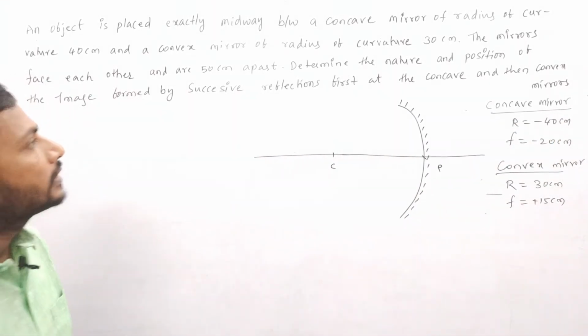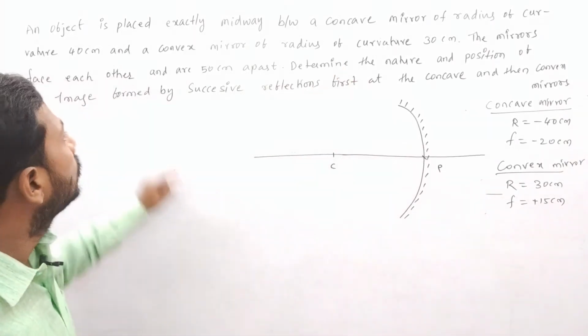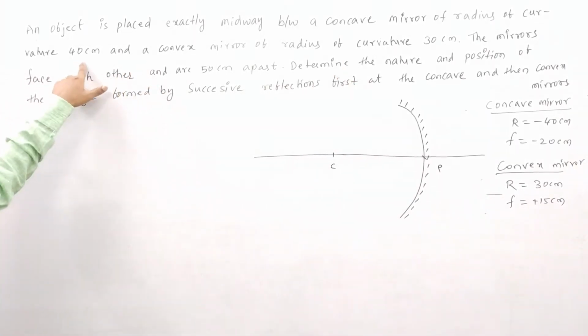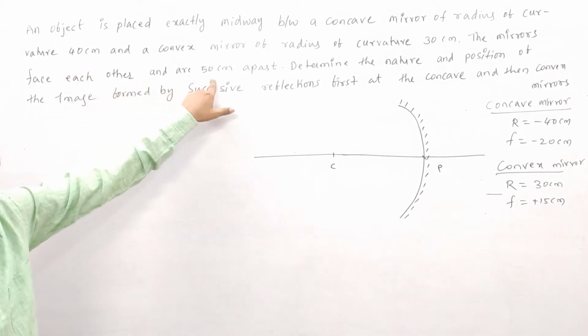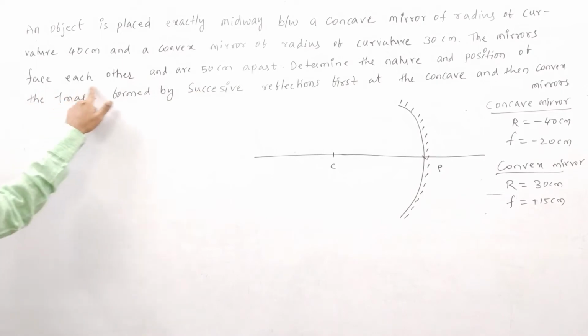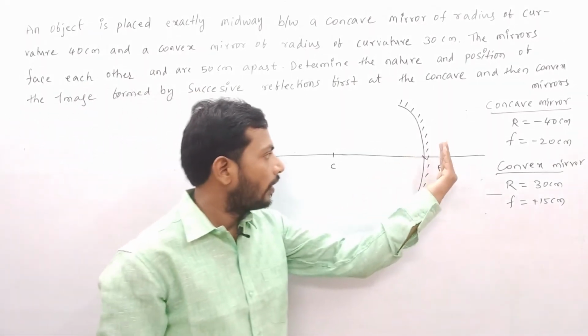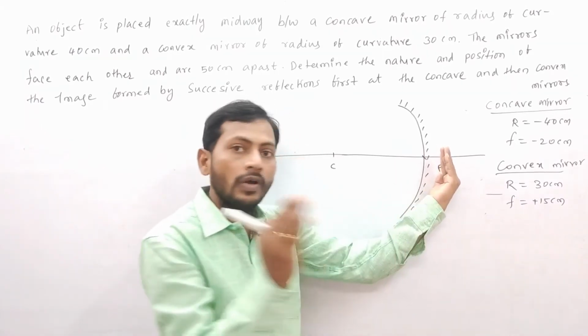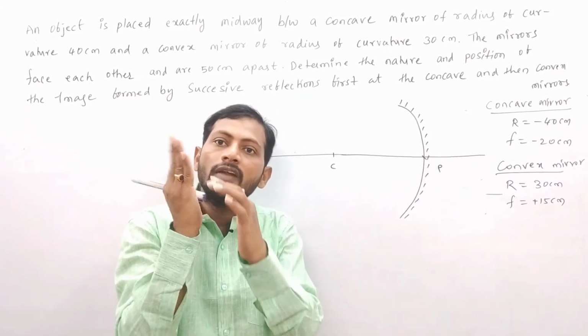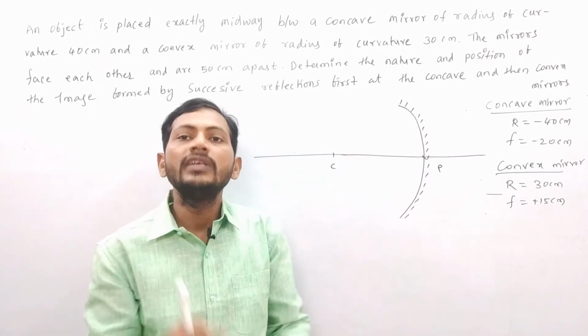And the next mirror is the convex, and he told that the gap between the mirrors is 50 centimeters, and they face each other. They face each other means you have to understand the reflecting surface of the concave and the reflecting surface of the convex are like this. These both should be opposite to each other.